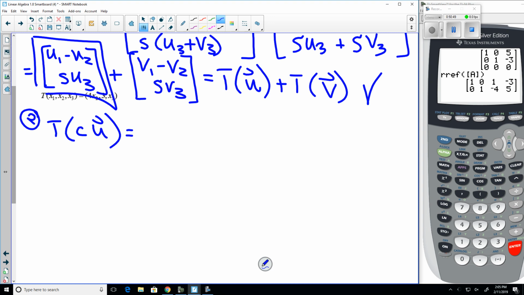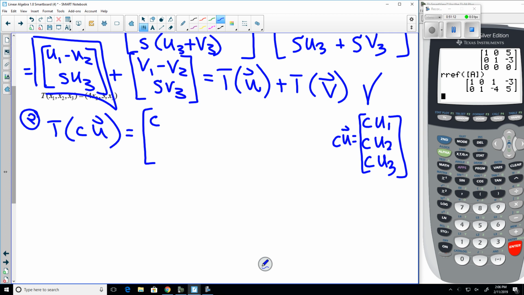And we just need to remind ourselves, what is cu? You multiply the scalar times each entry, right? That's how you multiply a scalar. So if I transform this one, I get the first entry minus the second one, and 5 times the third one. Right?